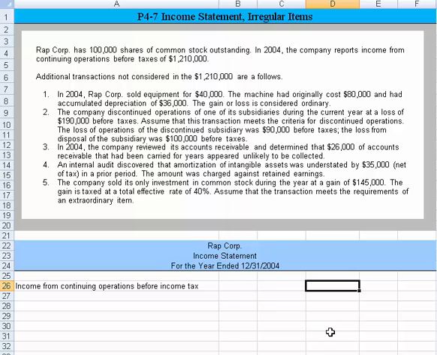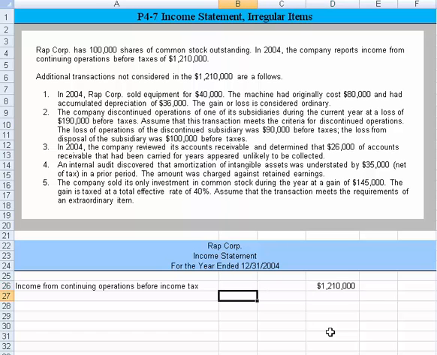Item 1 says that they sold equipment for $40,000 that originally cost $80,000 and had an accumulated depreciation of $36,000. Now, that's considered ordinary. So we'll start off with the income from continuing operations of $1,210,000, right? And then we have to subtract out a loss or add in a gain.